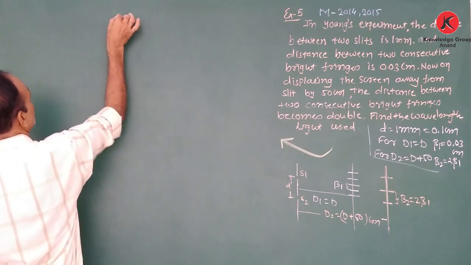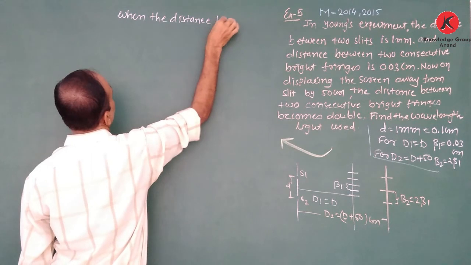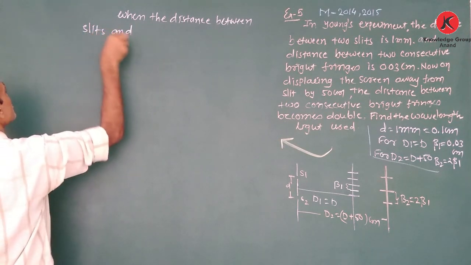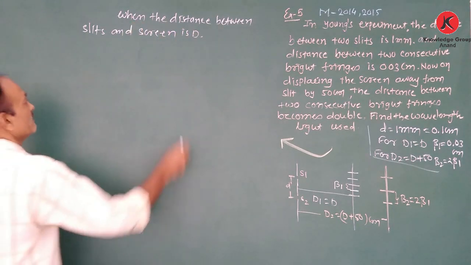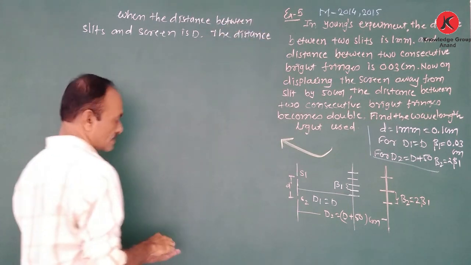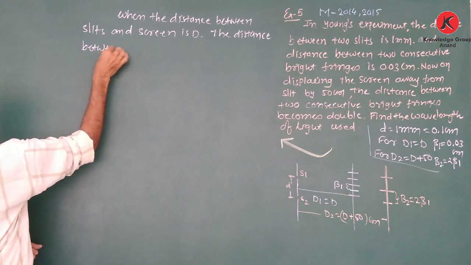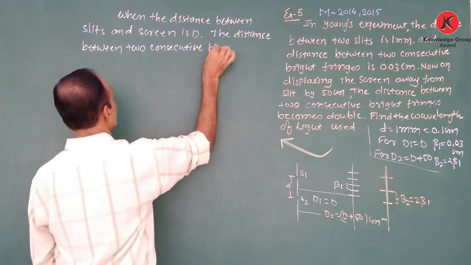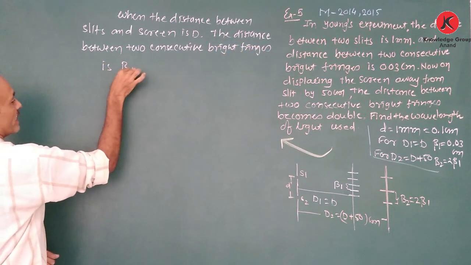For that purpose, when the distance between slits and screen is D, the distance between two consecutive bright fringes is beta 1.